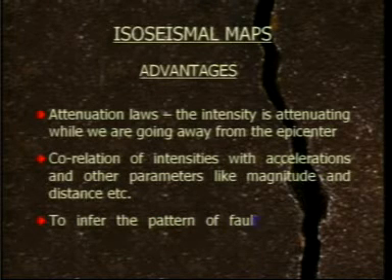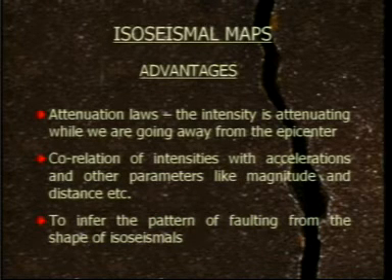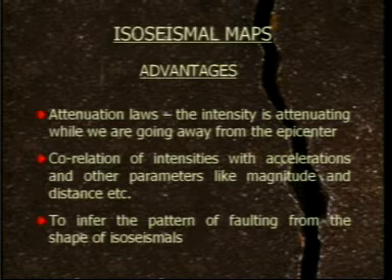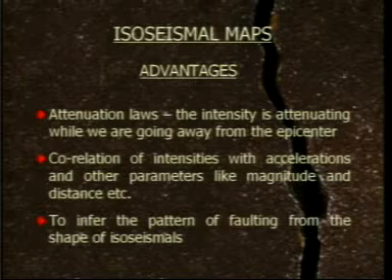The next advantage is to infer the pattern of faulting from the shape of the isoseismals. These damages will be according to the type of source and in a particular direction, so the shape gives you an idea about the focal mechanism of the earthquake.